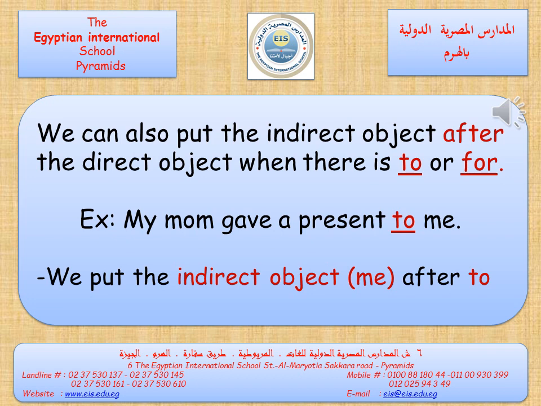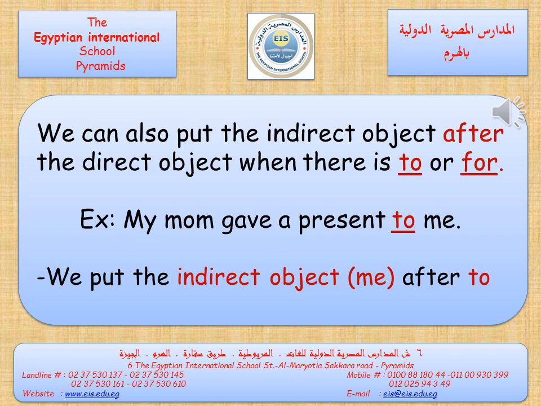You see, guys, the indirect object, which is me, came at the end of the sentence. Again, the indirect object, which is me, came after the direct object.